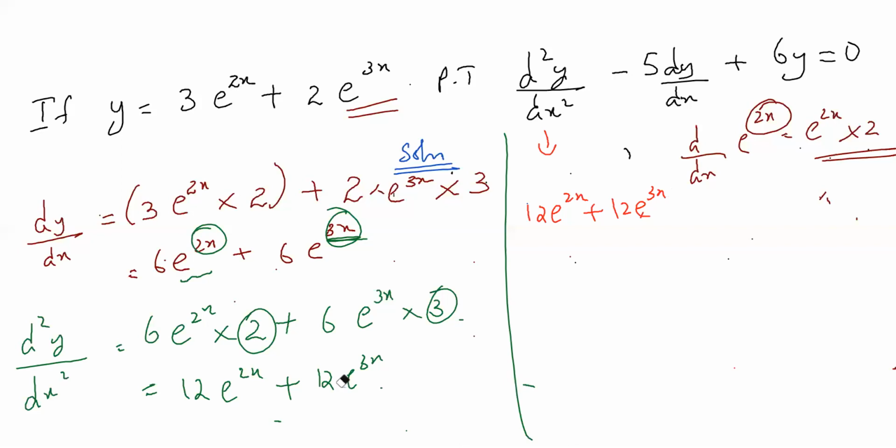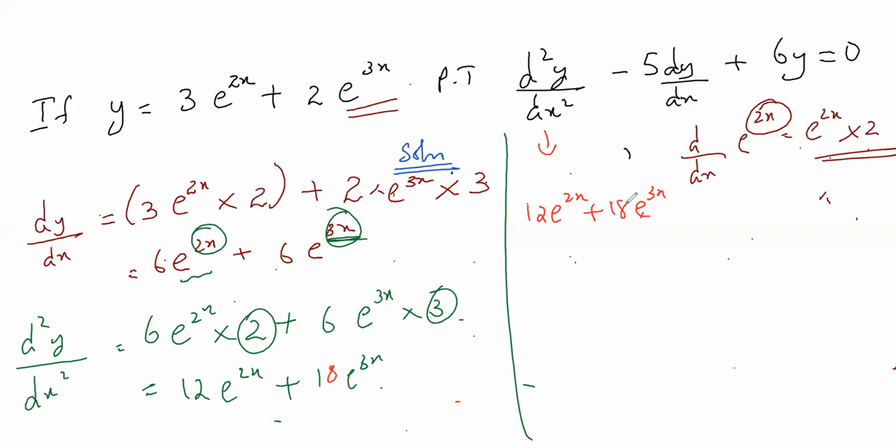So if I'm making some mistake, please rectify me the same. This is 18. If I'm making any mistake, please rectify me the same so that I can help you out.